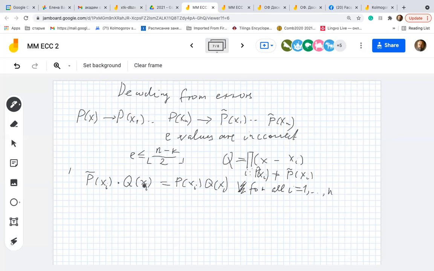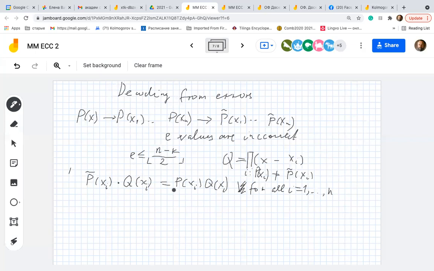Again, if xi is an error, then both the left-hand side and the right-hand side are 0. If xi is not an error, then the left-hand side is the same as the right-hand side because tilde P and P take the same values.